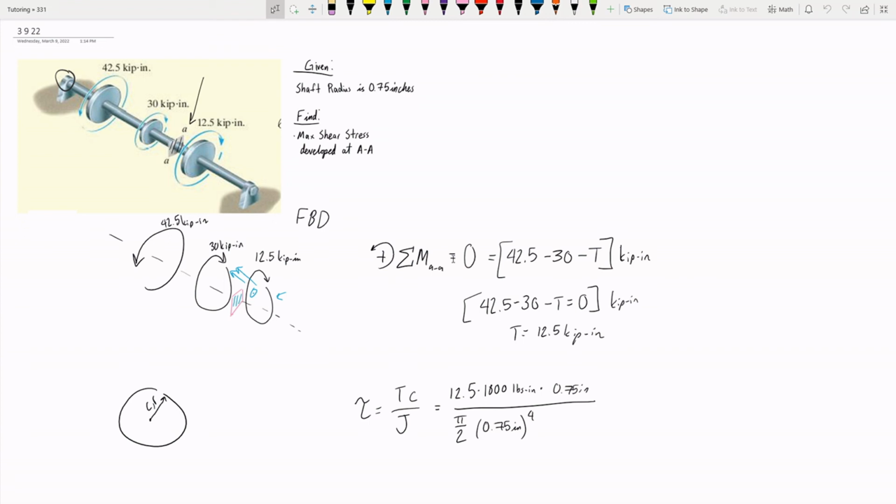If we want to make our calculations easier, we can just cross that out and make that into a 3. So tau is equal to 12.5 times 1,000 divided by pi over 2 times 0.75 cubed. And our units here are going to be, I believe, pounds per square inch.